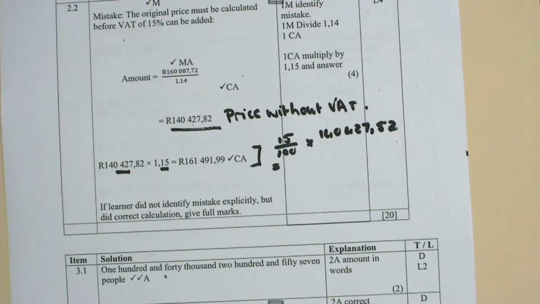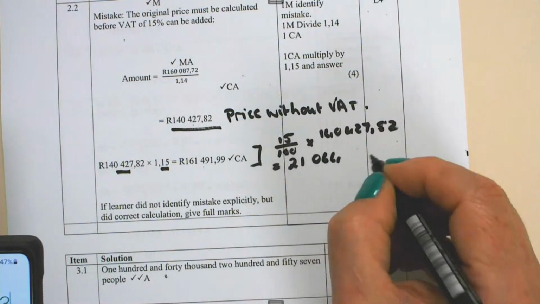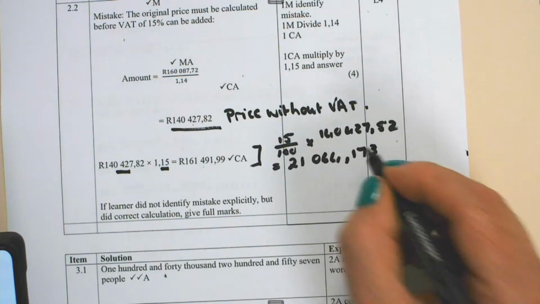You work out 15% of 140,427.82 and the price of the VAT will be 21,064 rand 17 cents. It's actually 173.